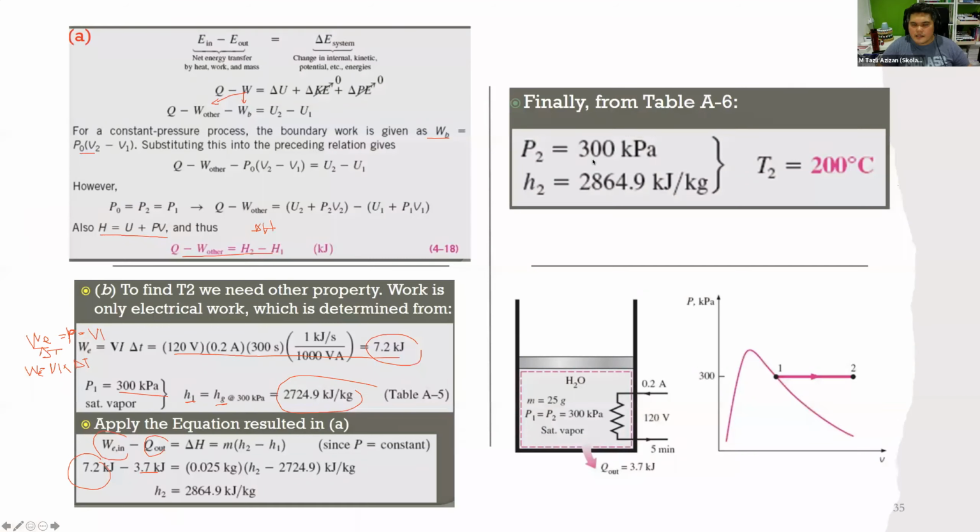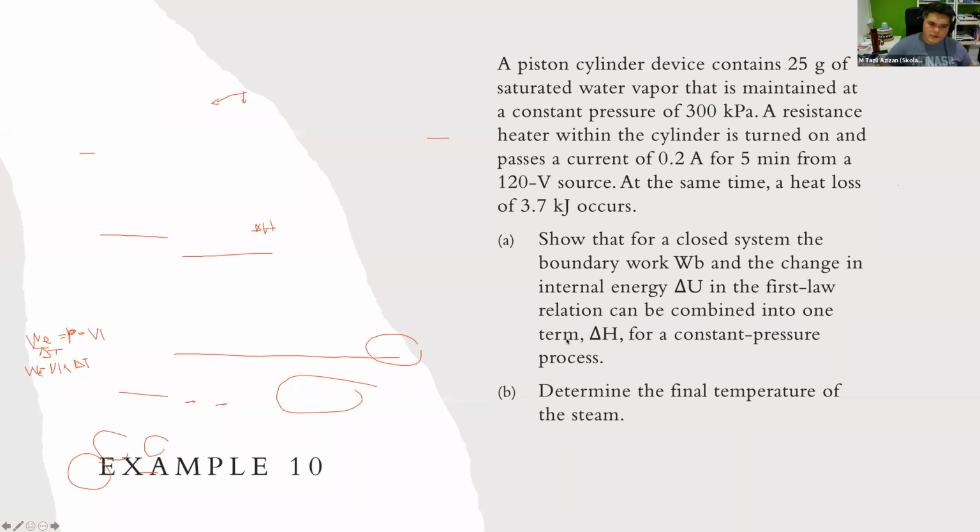This is at constant pressure. So if you're referring to table A6, look at 300 kilopascal and 2864.9 kilojoule, then you'll be able to get the temperature, which is 200 degrees Celsius. So that is your final temperature. So that's how the calculation is made here.